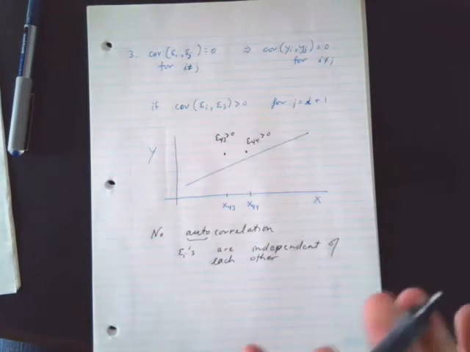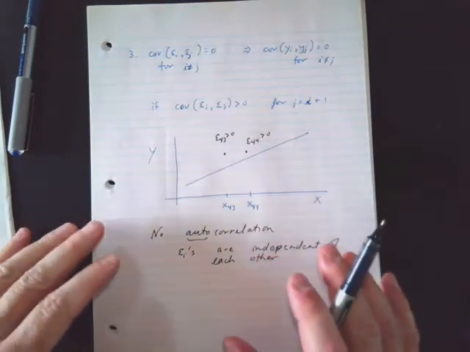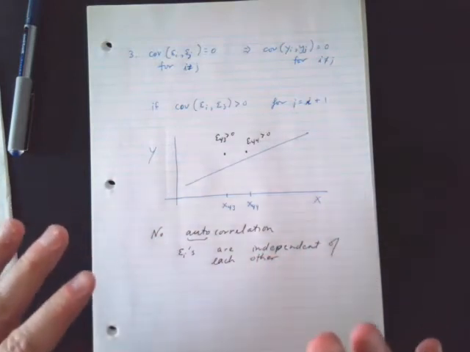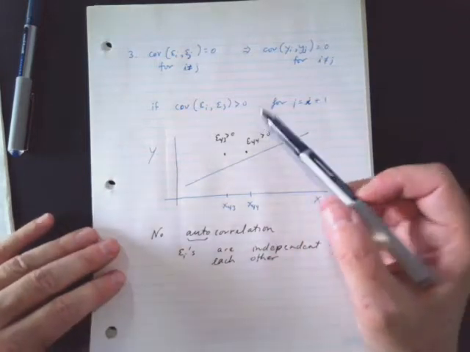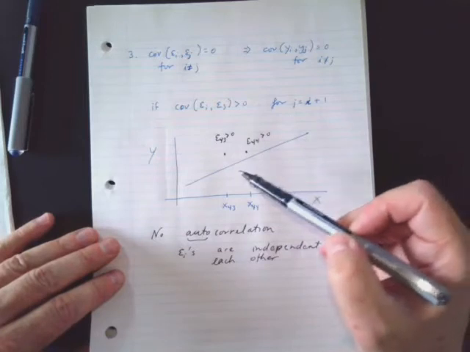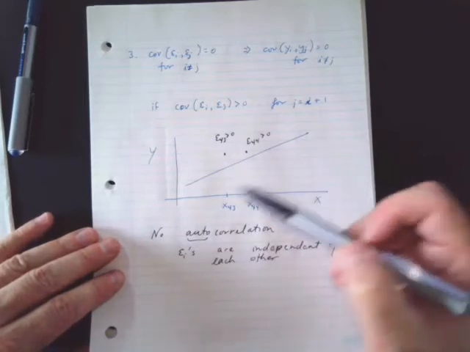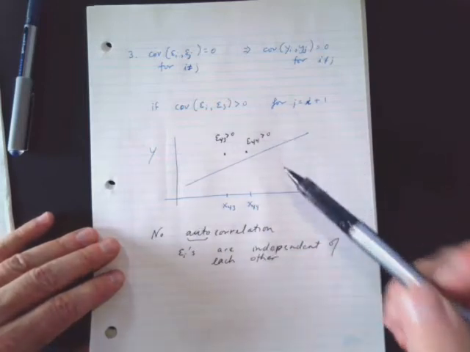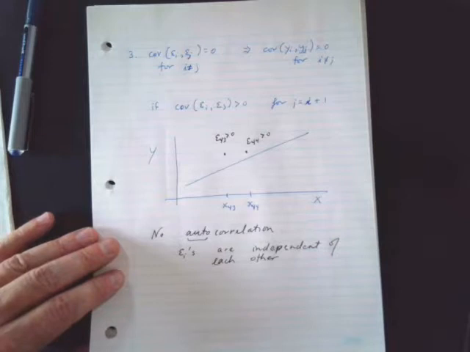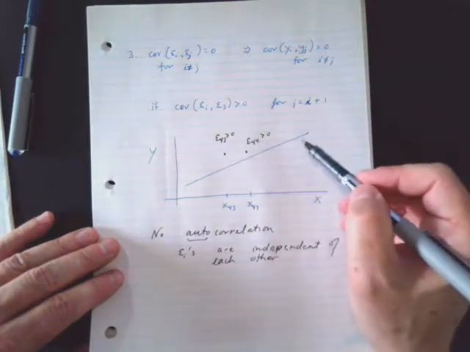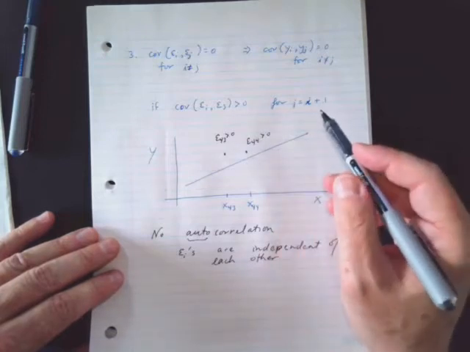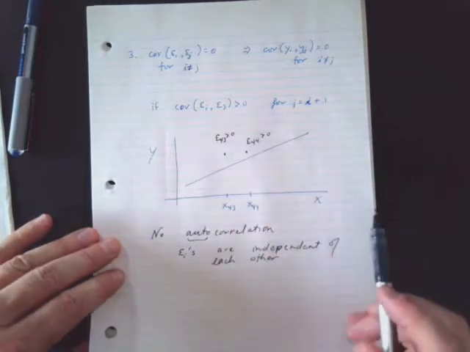So the way to think about this is this assumption means essentially that we are getting all the information out of the data that we can. We're not building a regression model that leaves some of the information in the data set unexploited or unused. And if the error terms are autocorrelated, and we don't take that into account when we're building our regression model, then it means we're not making the best use of the information in the data set.